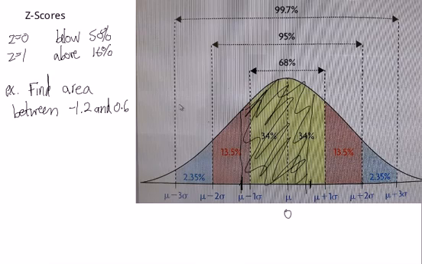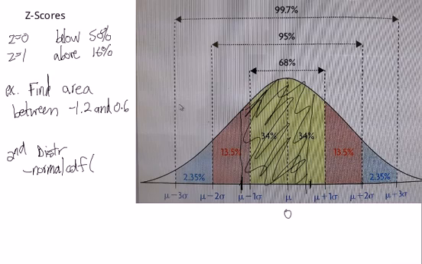So on your TI calculator, we can actually figure these out fairly easily. When you open up your calculator, you go to second distribution, and we choose normal for normal curve, and we do CDF.